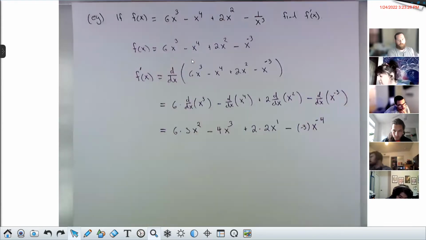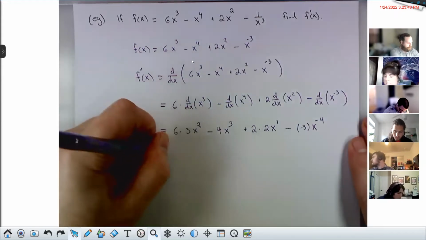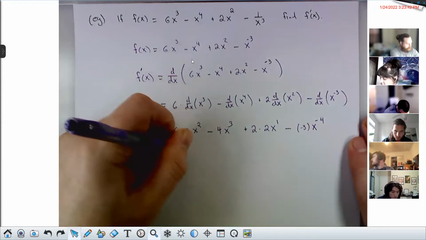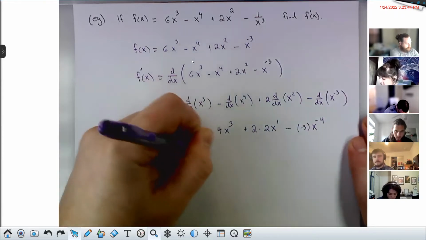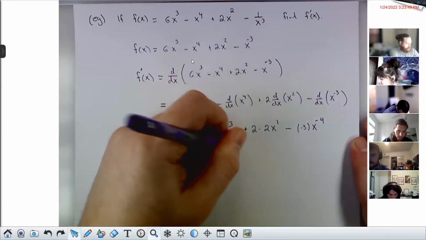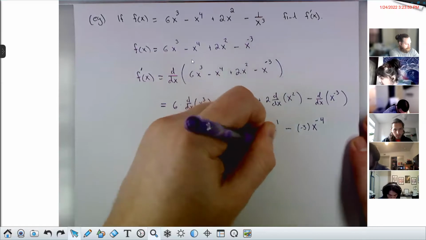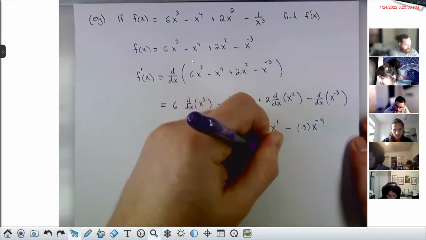And be careful, if it's negative, subtracting will make the power more negative, right? -3 minus 1 is -4. So what we get here is 18x squared minus 4x cubed plus 4x plus, I'll write this as 3 over x to the 4.